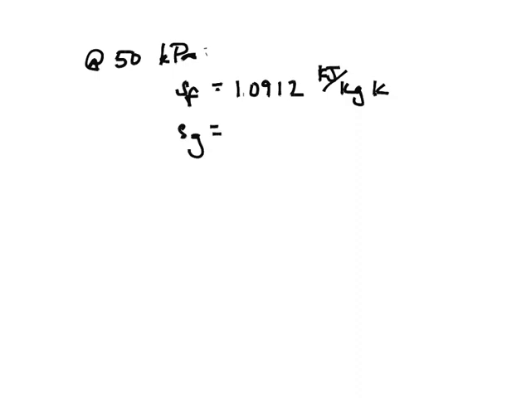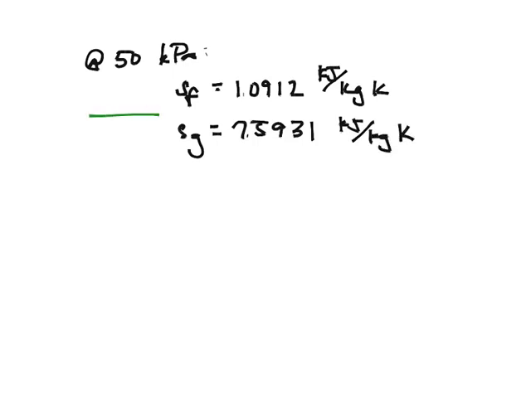At 50 kPa, which again is our known property at the outlet of the turbine, even for isentropic operation, from the saturated tables we see the saturated liquid value is 1.0912 kilojoules per kilogram Kelvin, and the saturated vapor value is 7.5931 kilojoules per kilogram Kelvin.